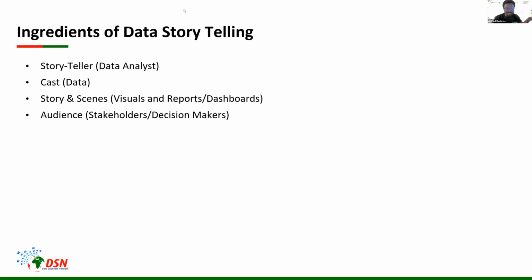But the cast that is going to be used by this producer or by this storyteller is basically the data that is available. So data sets are usually there and they all have different kinds of features. So you can assume that each of the features in the data set can serve as a cast or can serve as an actor that you are going to use for your visualization, okay?